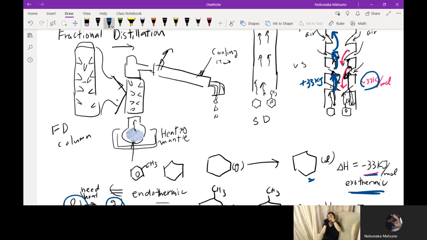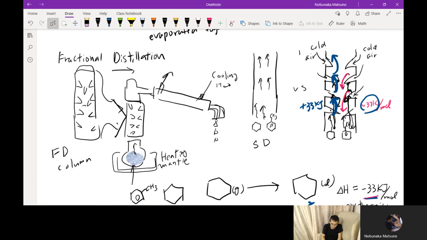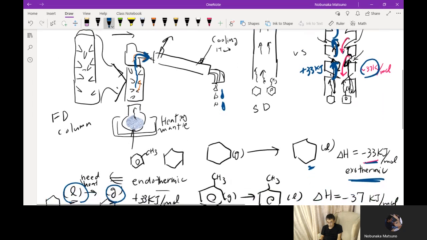If you repeat this process, eventually cyclohexane will migrate into the condenser tube before the toluene. So therefore, what you get at the end would be predominantly, in this case, cyclohexane first. So keep that in mind.